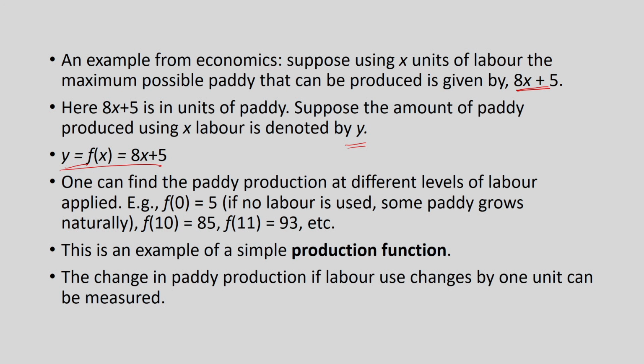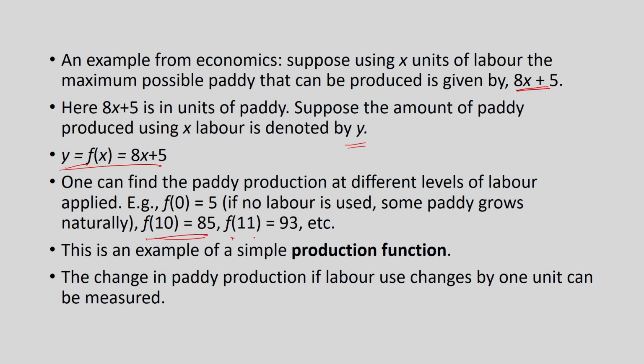But if you include some amount of labor, a positive amount of labor, let us say x is equal to 10. Okay. So, you just put that value here. So, it will be 5 plus 8 multiplied by 10, that will be 85. Okay. So, that basically means that if 10 units of labor are used, then 85 units of paddy can be produced.